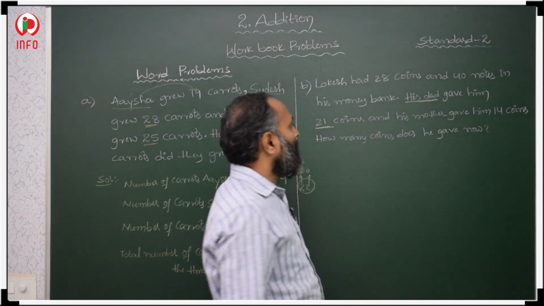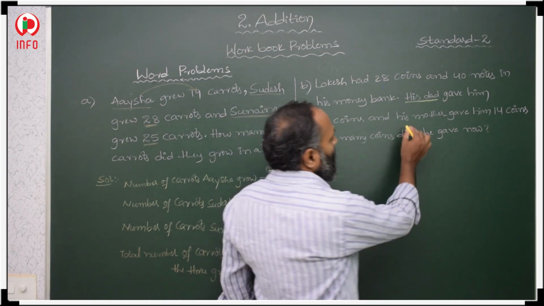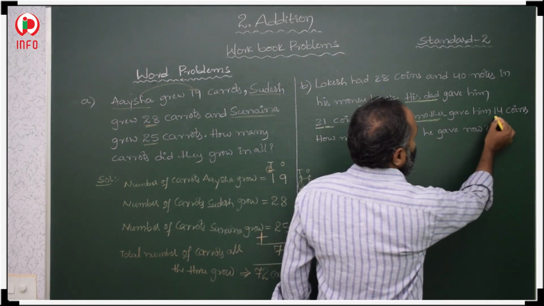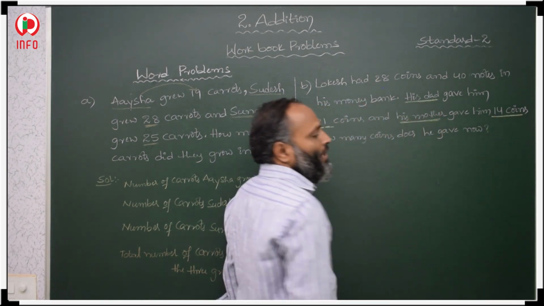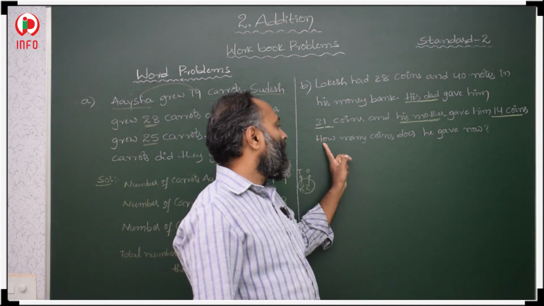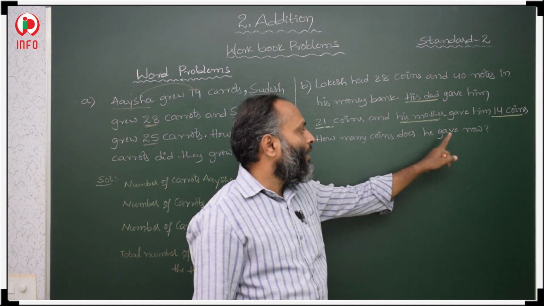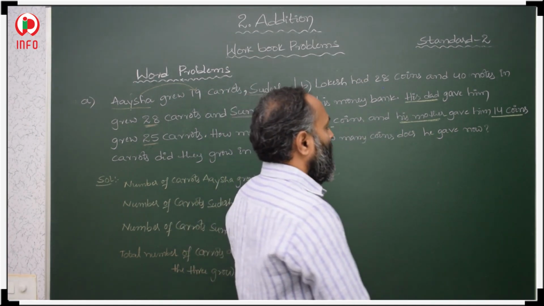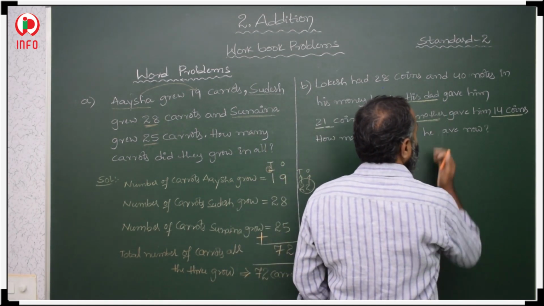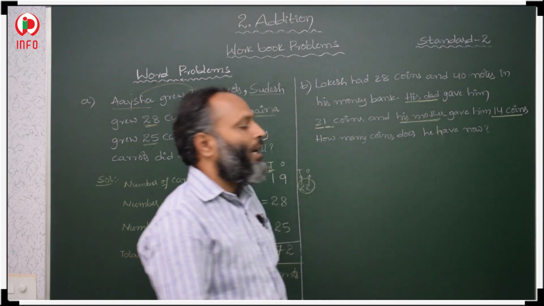His dad gave him 21 coins and his mother gave him 14 coins. How many coins? 14 coins. So then what is he asking? How many coins does he have now? He has now, not gave, has. How many coins did he have now?